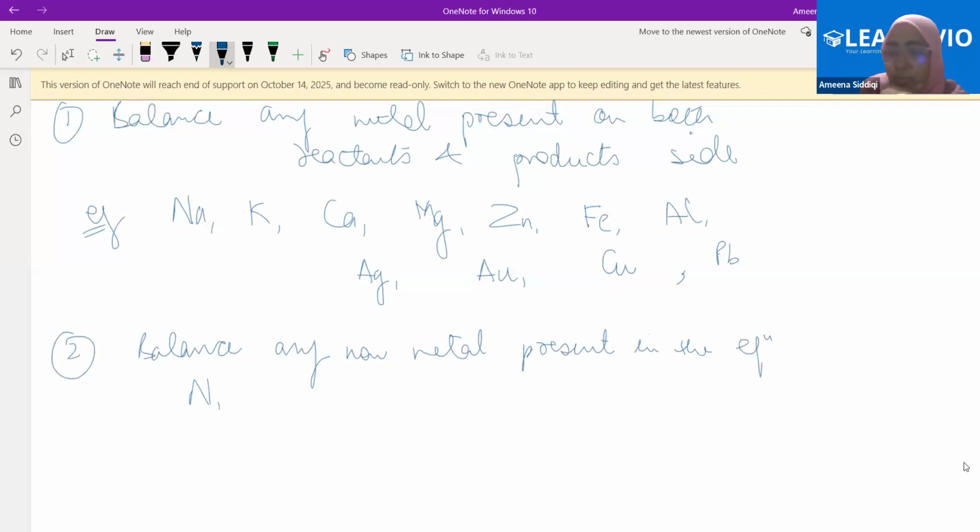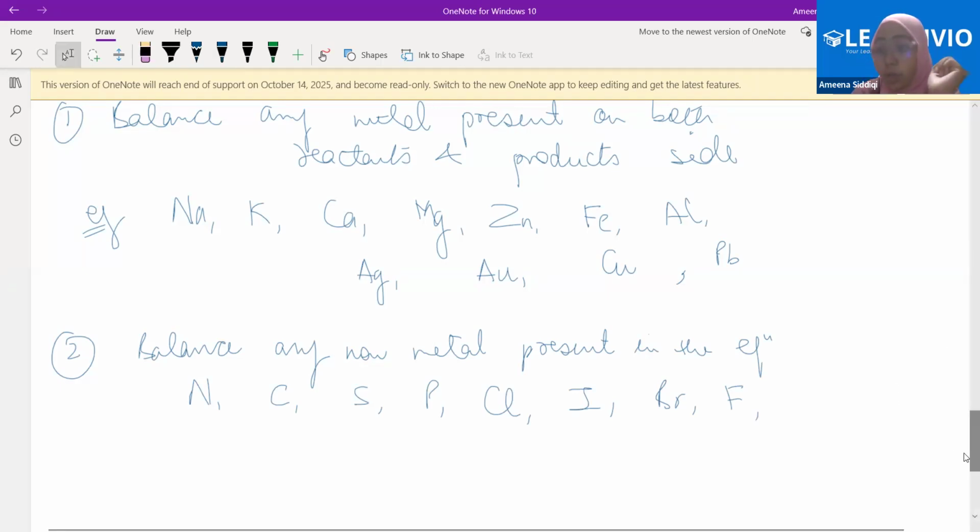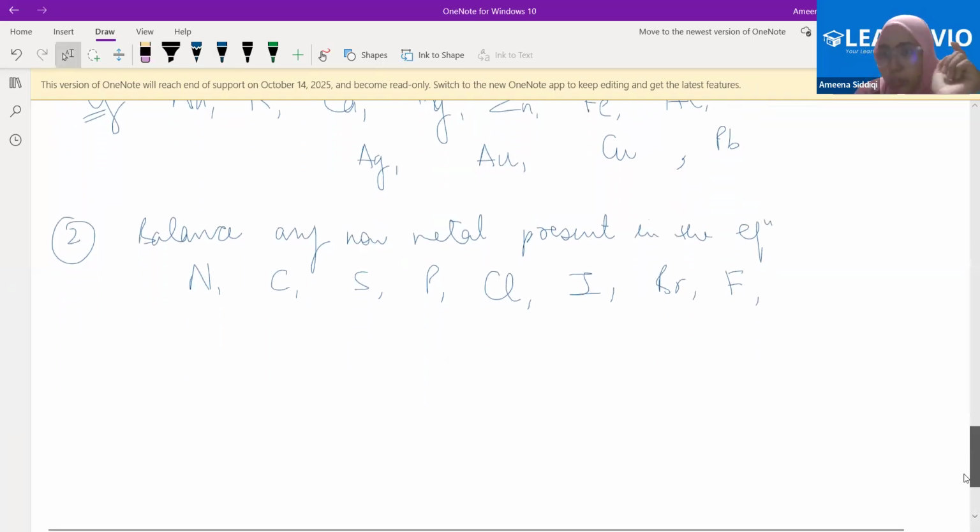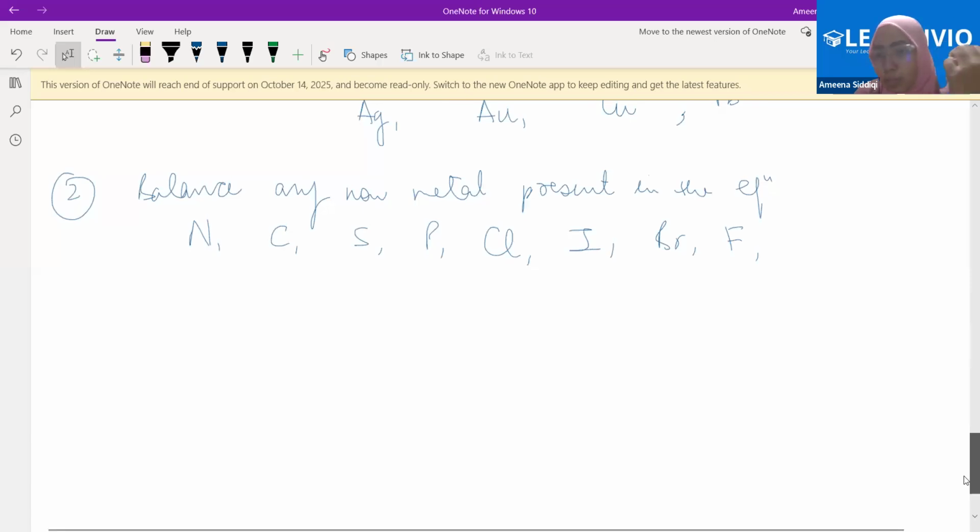Now what are the non-metals? Nitrogen is a non-metal. Carbon is a non-metal. Sulfur is a non-metal. Phosphorus is a non-metal. Chlorine is a non-metal. Iodine is a non-metal. Bromine is a non-metal. Fluorine is a non-metal. Oxygen is also a non-metal, but since it is so very prevalent in chemical reactions, we use a third step just to balance the oxygen.